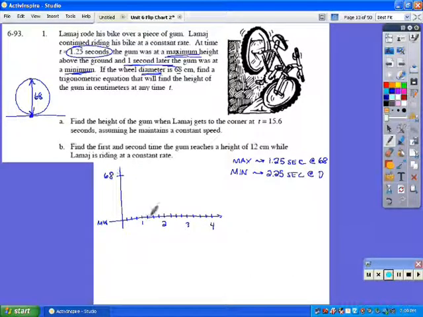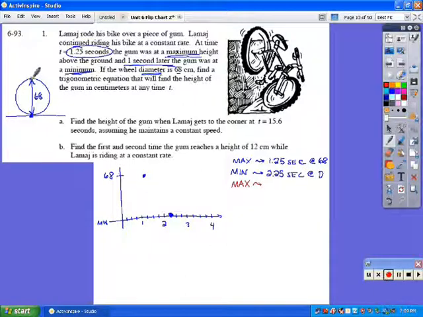So at 1.25 seconds, we were at a maximum. 1 second later, which is 2.25 seconds, we were at a minimum. So how many seconds later is the next maximum going to be? The next maximum will occur 1 more second later. It takes 1 second to go half a lap.